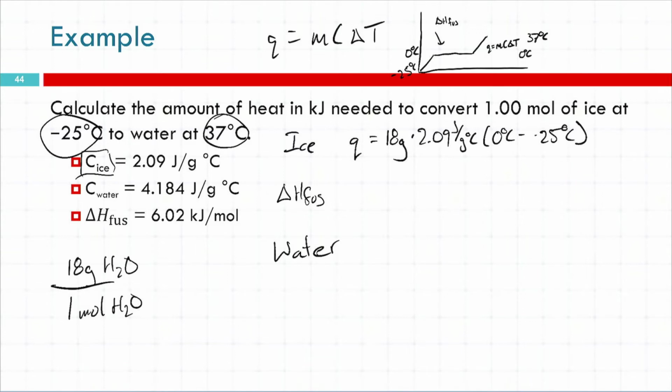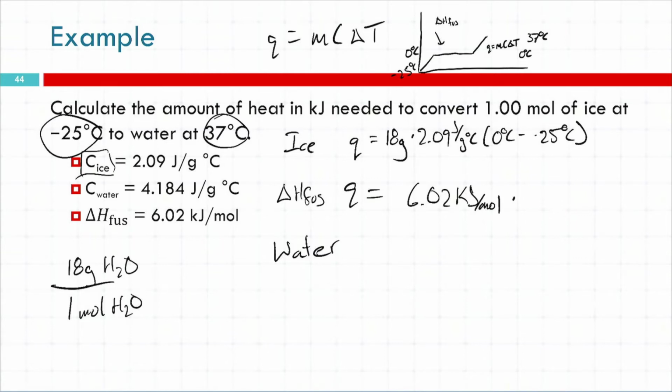Makes sense so far? Then we have delta H of fusion, and that's actually simpler. Q is going to be equal to, and remember, melting, we have to add heat to melt water. So it's an endothermic process, so we're going to use a positive 6.02 kilojoules per mole.